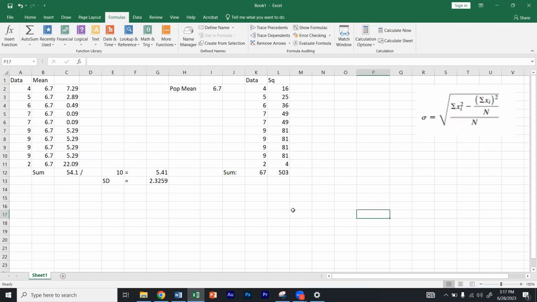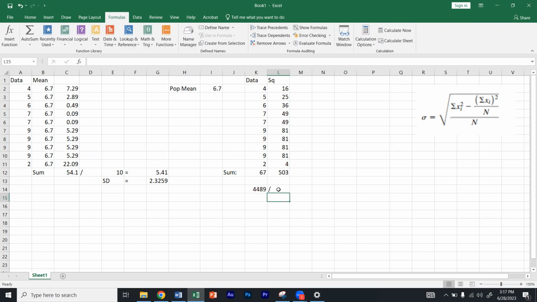All right, so guys, this 67 is just summation of xi. That means I added all the numbers. I have to square it, then I have to divide it by n. Let's do it here separately. So I'm going to square it. Okay, that's what I got.